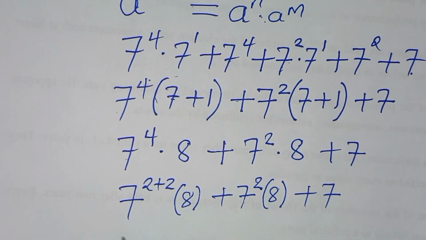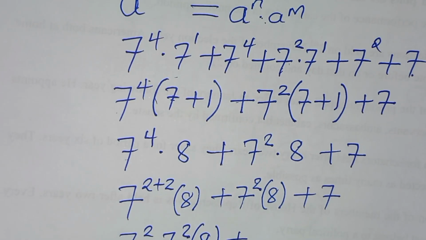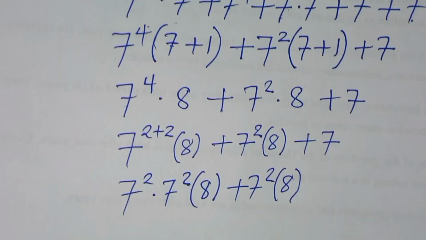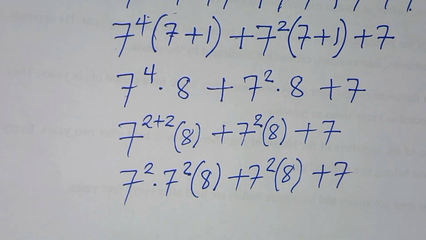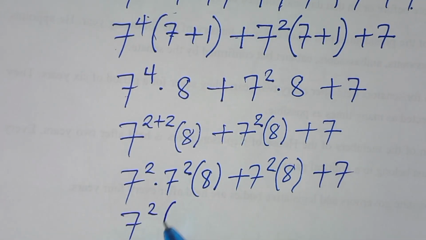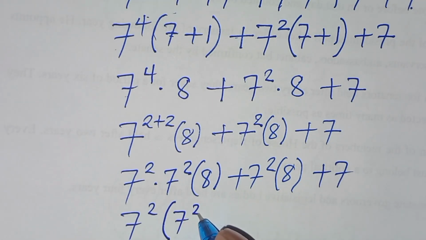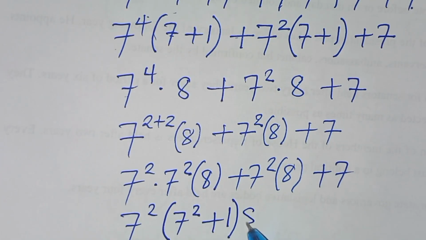So this is the same thing as 7 to power 2 times 7 to power 2, multiplying by 8, then plus 7 to power 2 multiplying by 8, then plus 7. So 7 to power 2 here is common. We factor out 7 to power 2. Then here we'll have 7 to power 2 plus 1, close the bracket, multiplied by 8, then plus 7.